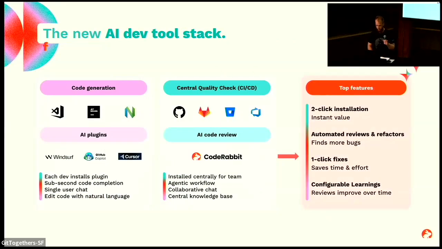This slide is about how we fit in with code generation tools. We work very cooperatively with them. You can use Cursor or Claude Code to write your code, then put up a PR, and CodeRabbit will automatically review it.